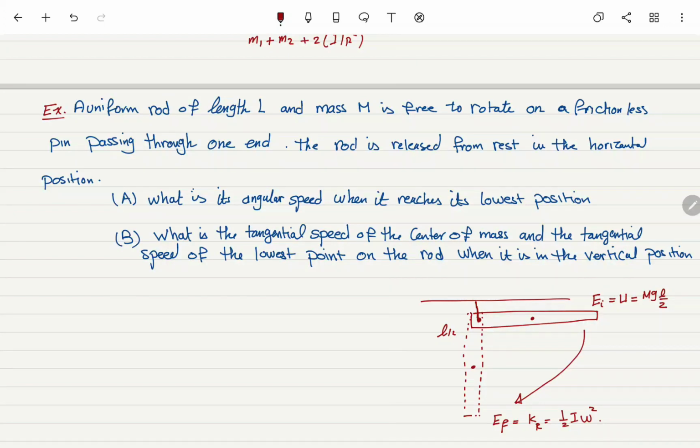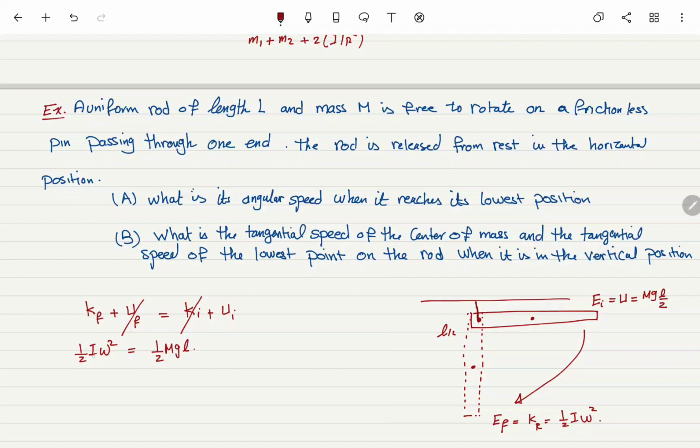Now from the conservation of mechanical energy, K final plus U final equal to K initial plus U initial. Now there is no initial kinetic energy, and not even final potential energy. In this case, half I omega square equal to half mg L.